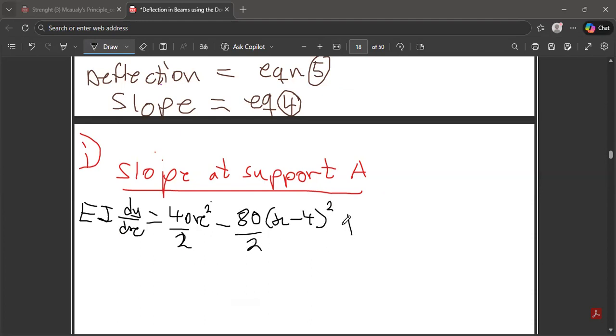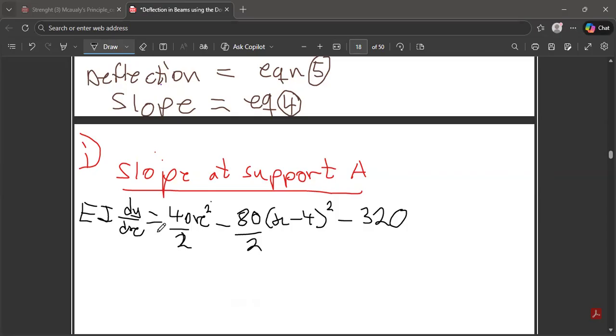Since it was the first integral, it was just plus C1. Now we know that our C1 is equal to minus 320. So let's put it over there. Minus 320.